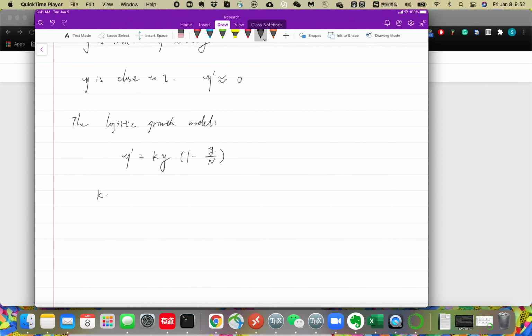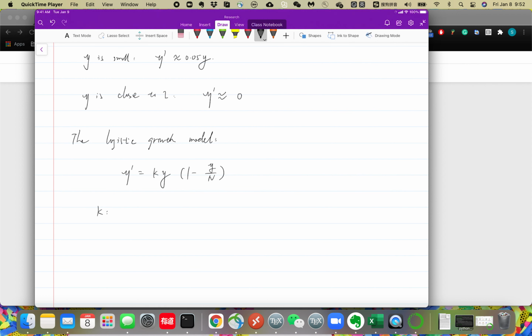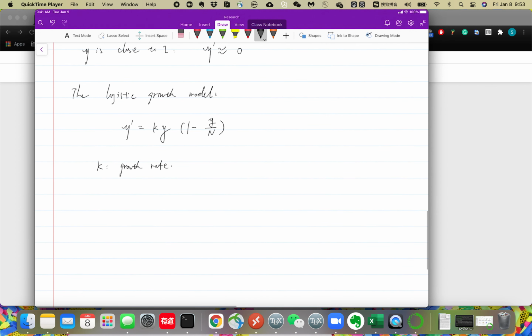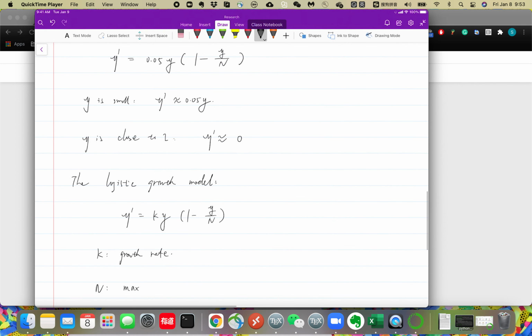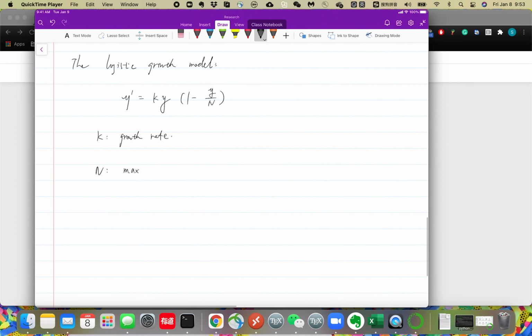Here k is the growth rate, 0.05, the birth rate minus the death rate. And if it's negative, it's decay. And N is the maximum capacity, in our case 5,000, so we can put 5,000 here.